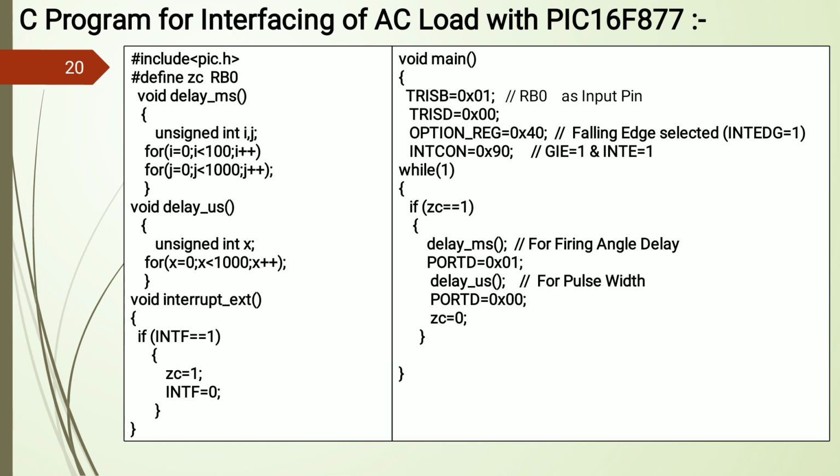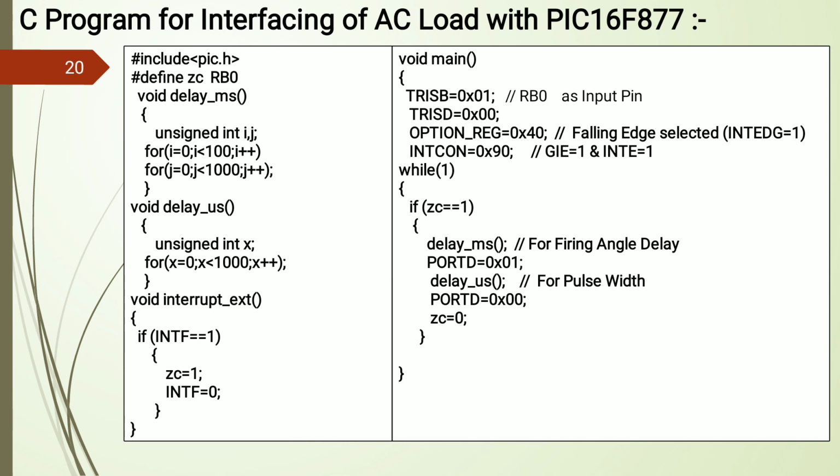In this way the process continues, and our operation is continuous till the next cycle detection. If we consider this is the positive half cycle, then for the next half cycle, that is the negative half cycle, our zero crossing detector again generates signal 1, that is ZC is equal to 1.